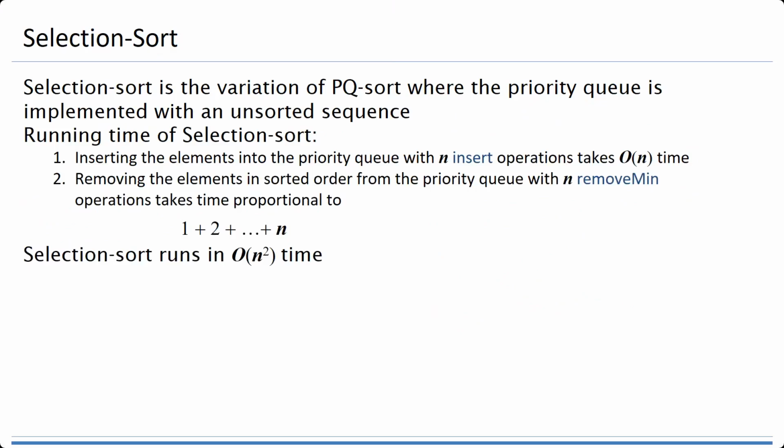There is selection sort. It means that we want to select the element that we want to sort. The selection sort is the variation of priority queue sort where the priority queue is implemented with an unsorted sequence. Unsorted sequence is the same as the unsorted list.